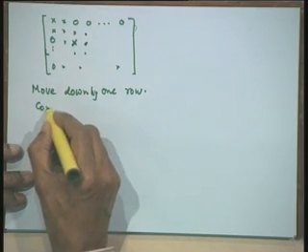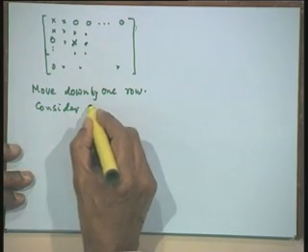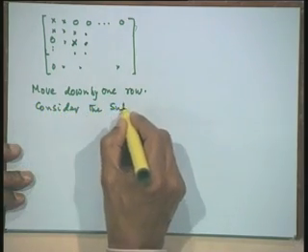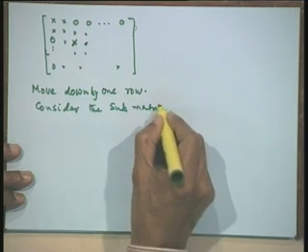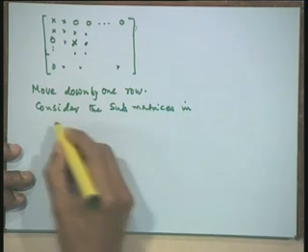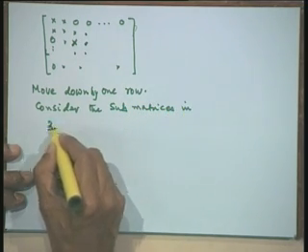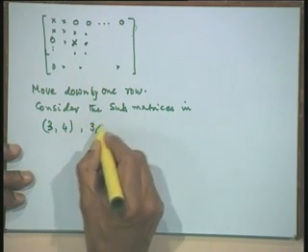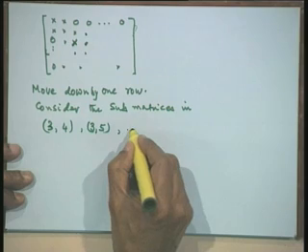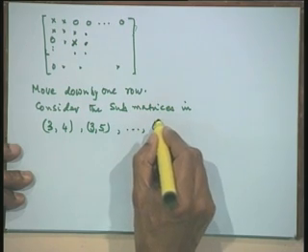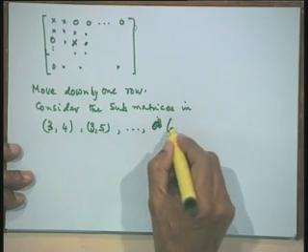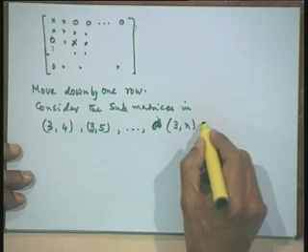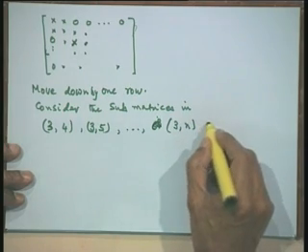Now, consider the sub matrices at 3 4, then 3 5, and so on to 3 n locations.